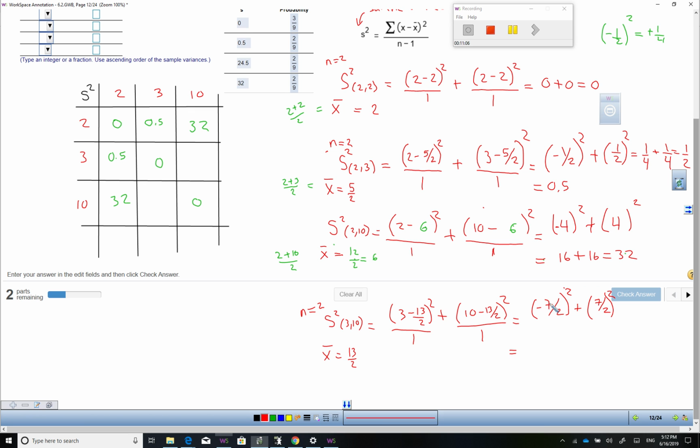This is 49 over 4. Remember that when you raise 7 over 2, you raise the 7, which is 49, and you raise the 2. You raise the numerator as well as the denominator, and negative by negative is positive. That will be also 49 over 4, which is 98 over 4.